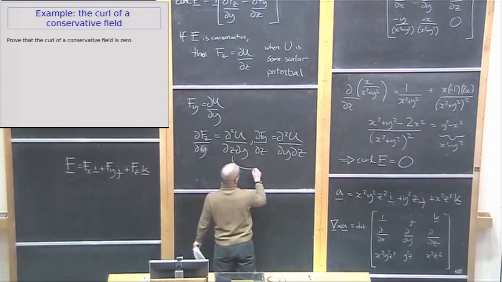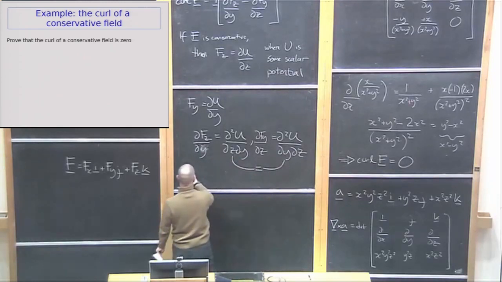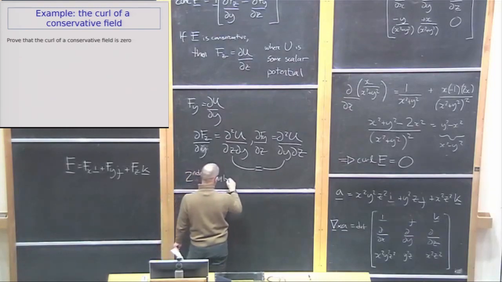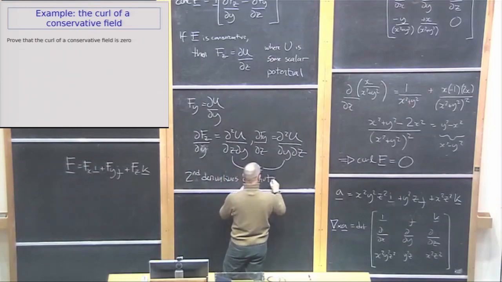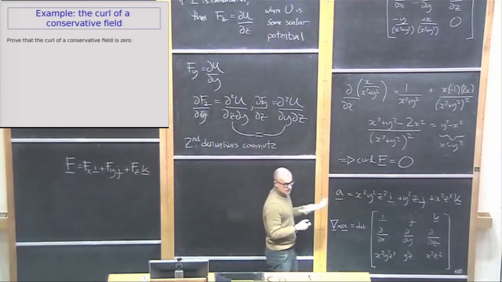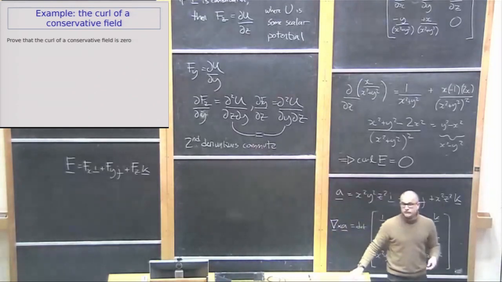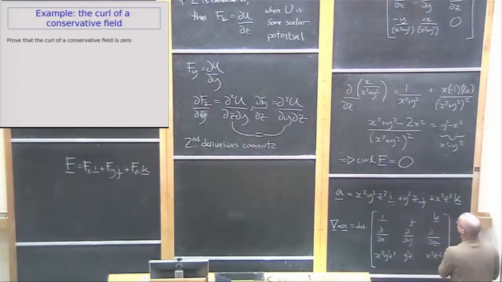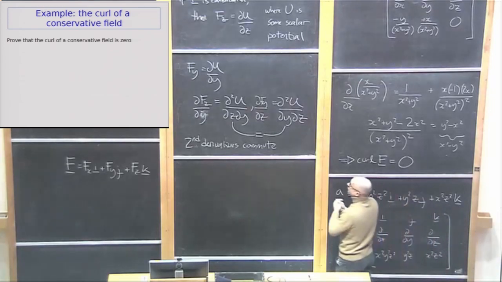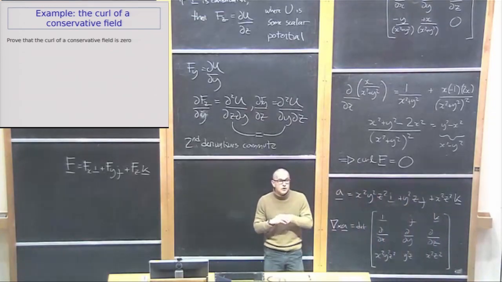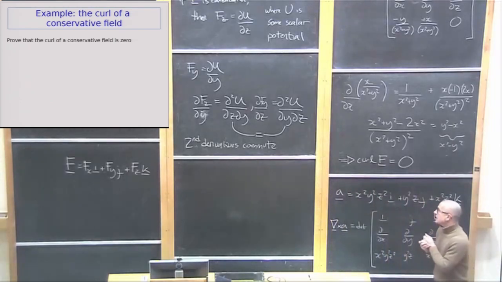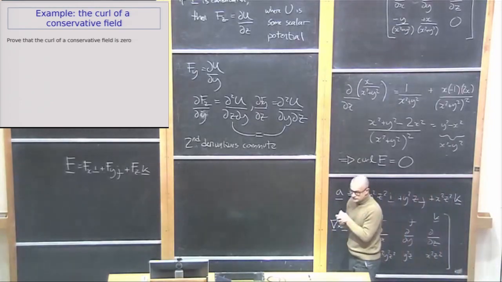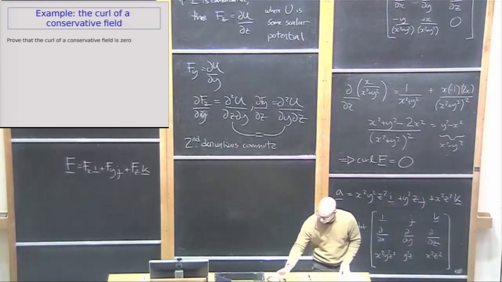And these two are equal because second derivatives commute. And that's an argument we've seen several times. That's essentially the same argument as the one which we've already seen previously, okay? So there's nothing particularly new or interesting about the reasoning behind the fact that the curl of conservative fields is 0.